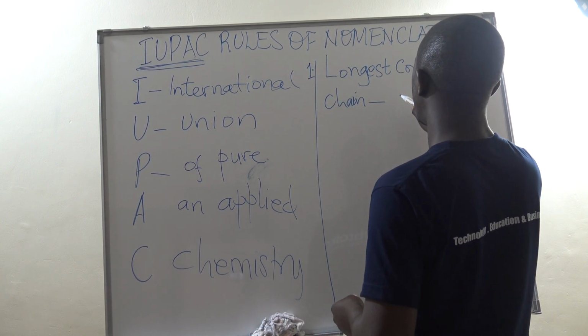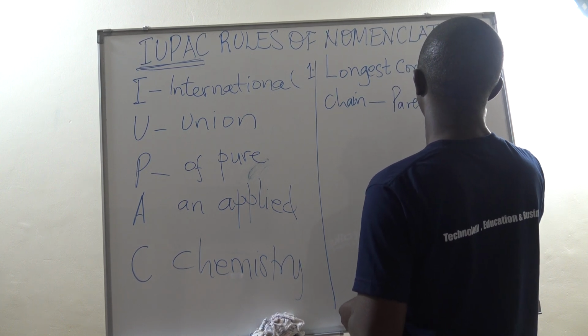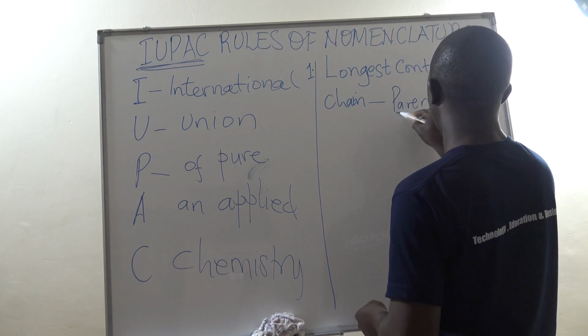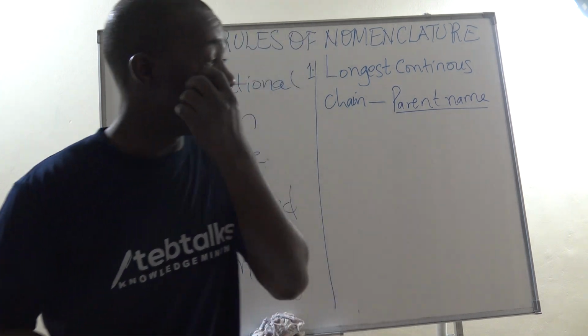This longest continuous chain should become the parent. It should be the one to provide the parent name. It is from the longest continuous chain that the parent name is derived.